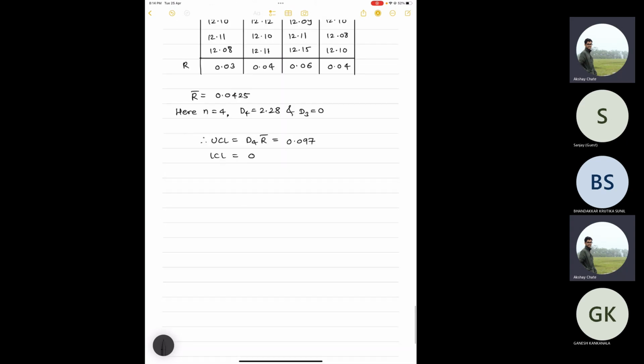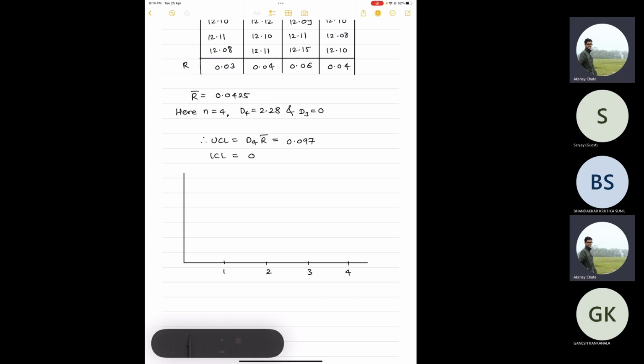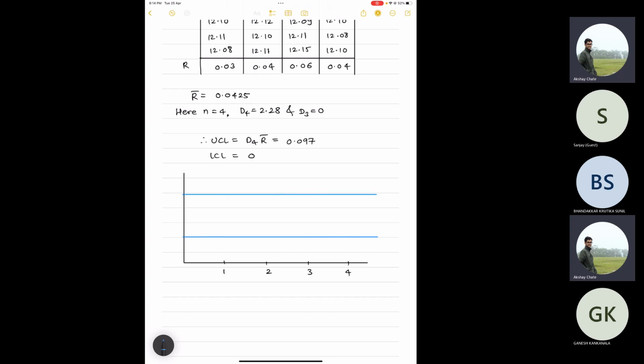So here, if you want to plot the R chart, it will look something like this. You will have 1, 2, 3, 4, and you will have UCL and LCL. There is no concept of R bar here. So this is your UCL, which is 0.097, and your LCL is 0. For the first data point, your range was 0.03. You only plot R, which is the range.